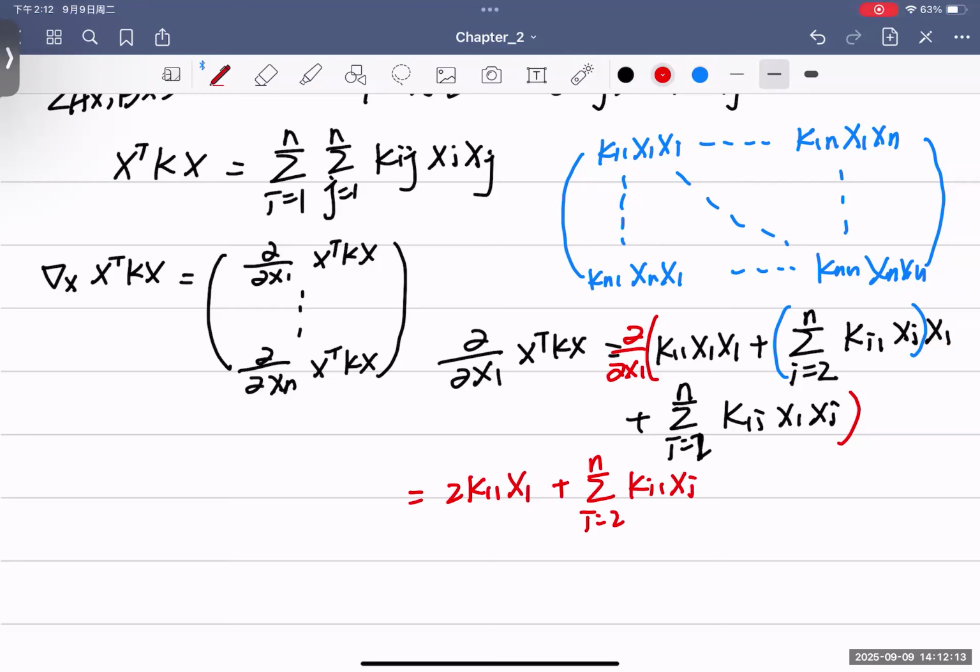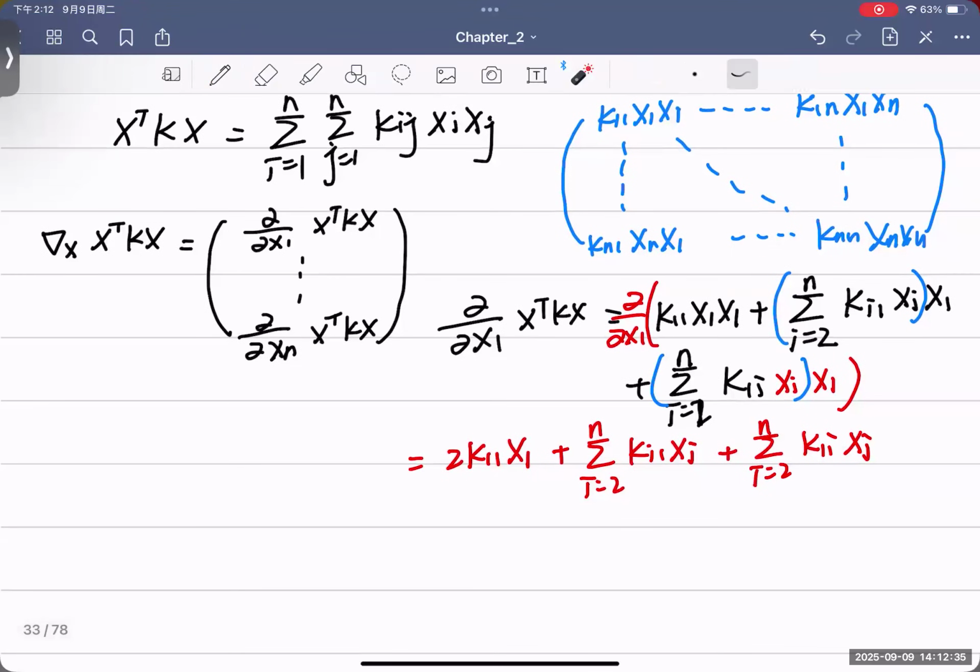The remaining part is the same: treating it as a whole term gives the sum over i from 2 to n of k1i xi. A little difference: this is ki1, this is k1i.